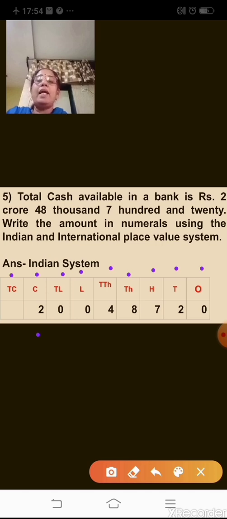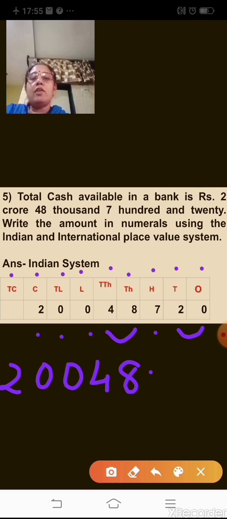In the lakhs place you don't have any number, so you will put a 0 in the lakhs place. 48 in thousands place. Then the number is 7 in hundreds place, that is 720. So 7 in hundreds place, 2 in tens place and 0 in ones place.